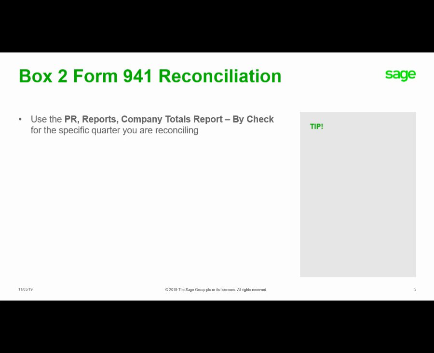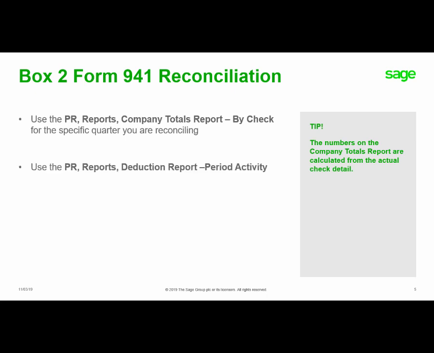In Sage BusinessWorks, we can use the company total reports by check for specific dates or quarter specific to get these numbers. The numbers on the company totals report are calculated from the actual check detail. You can calculate the deductions by printing the deduction period activity report. Use the other pay period activity report for the quarter to calculate the other pays that are not added to gross.